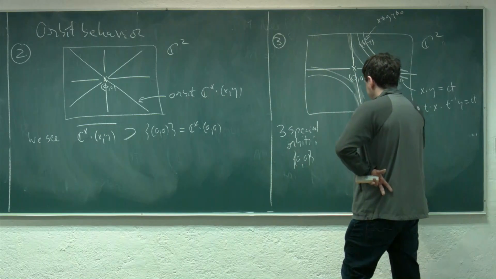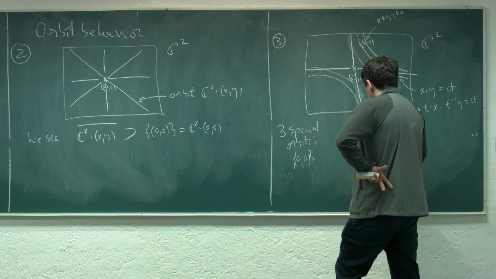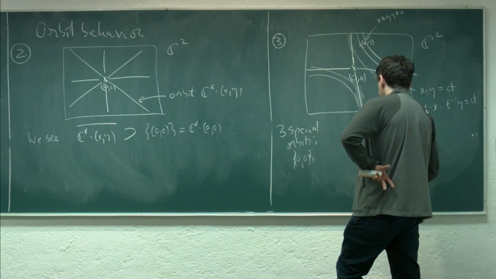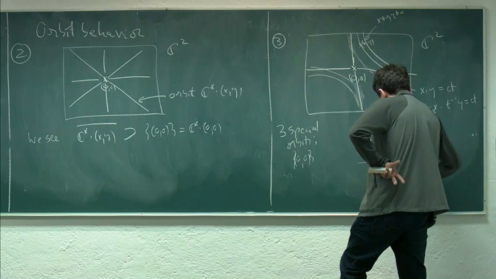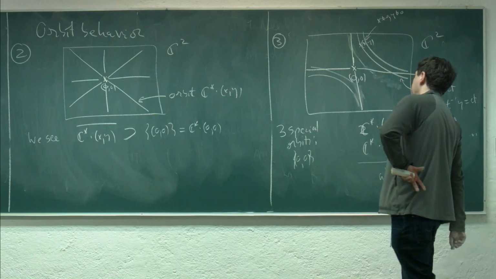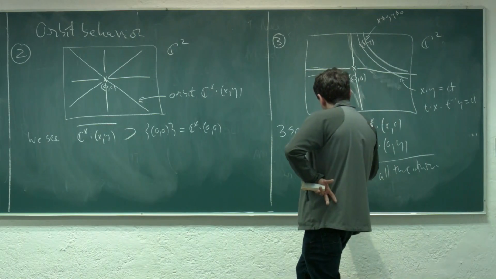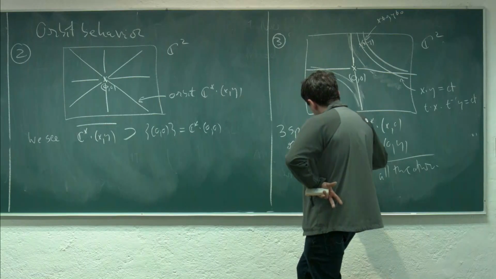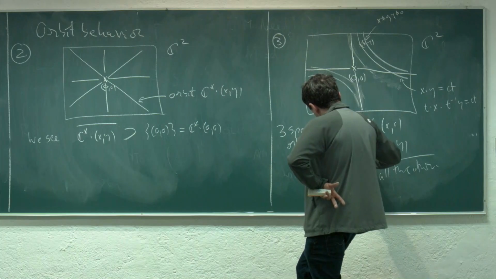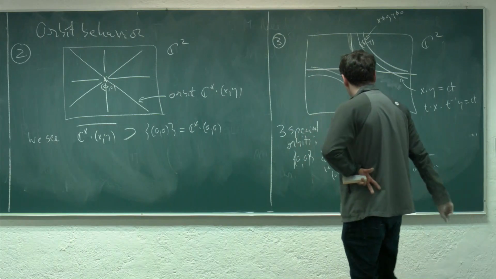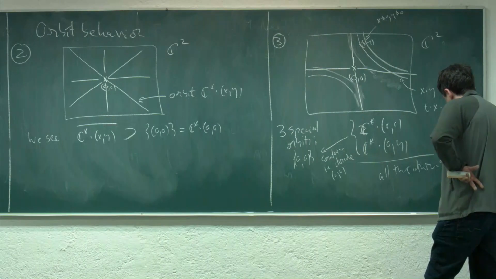Then there is the orbit of C star times (x, 0), and the orbit of C star times (0, y), and then all the others. You see that these two have the property that they contain in their closure (0, 0). All the others turn out to be closed orbits.